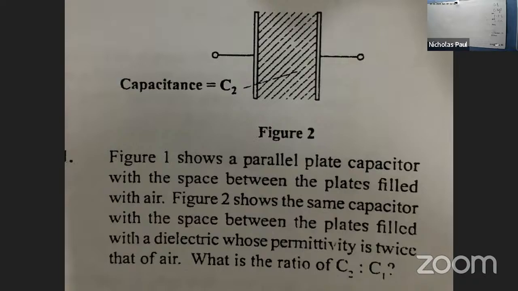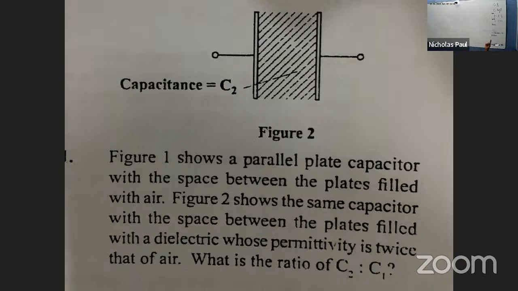Figure one shows the parallel plate capacitor with the space between the plates filled with air. Figure two shows the same capacitor with the space filled with a dielectric whose permittivity is twice that of air. What is C2 to C1, without looking at the answer? What is it, Maharaj?